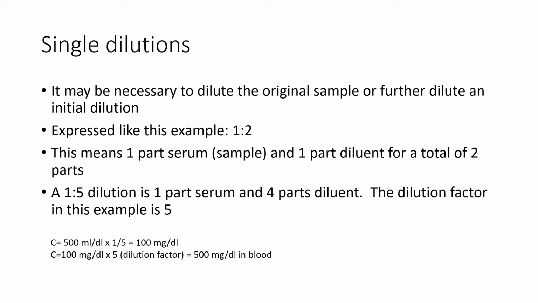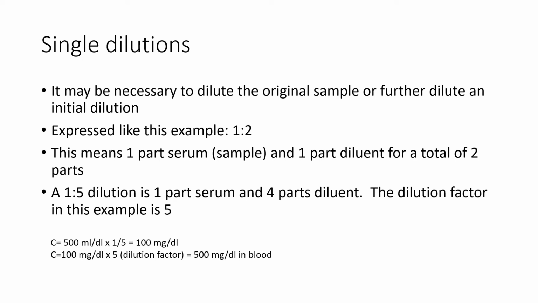Okay, a specimen contains 500 milligrams of substance per deciliter of blood. A 1:5 dilution of the specimen is prepared by volumetrically measuring 1 mL of the specimen and adding 4 mL of diluent. The concentration, denoted as C in the below equation, of substance in the dilution is calculated as follows.